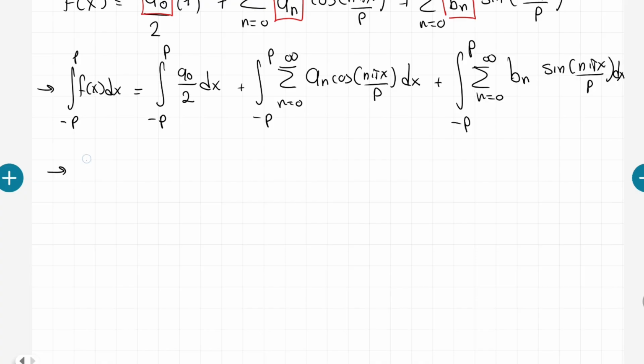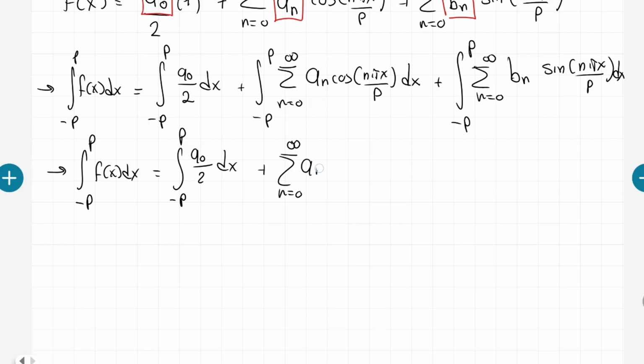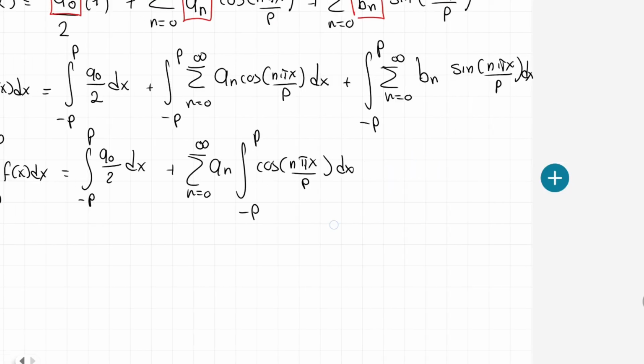So the integral from negative p to p of f of x dx is equal to the integral from negative p to p of a0 over 2 dx, plus the sum from n equals 0 to infinity of a sub n times the integral from negative p to p of cosine of n pi x over p dx, plus the sum from n equals 0 to infinity of b sub n times the integral from negative p to p of sine of n pi x over p dx.